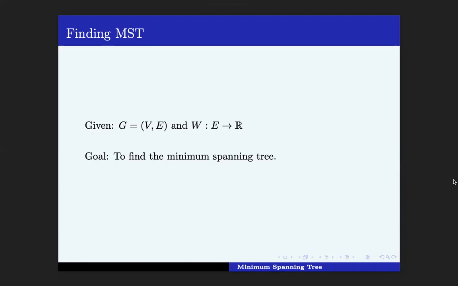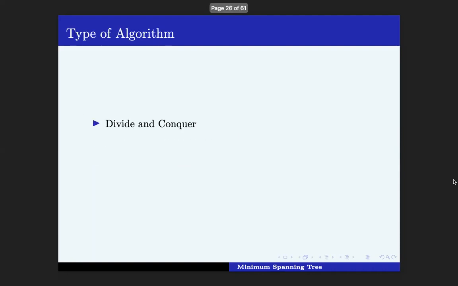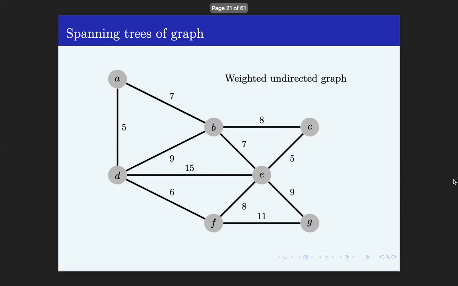To start with, let me go back here. If I tell you that this is the graph, can you tell me one particular edge that will certainly be present in an MST?